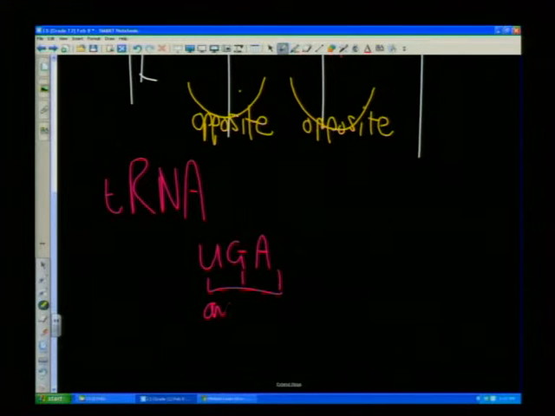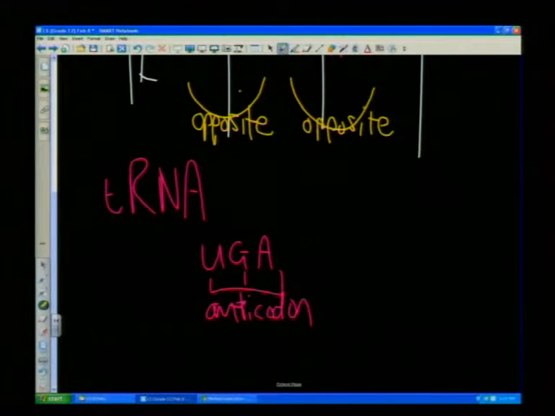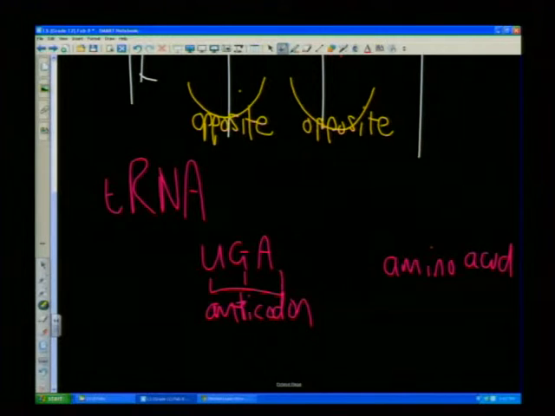This is the anticodon, and the anticodon is always carried by the transfer RNA. That anticodon, somewhere there is an amino acid that is going to be UGA.